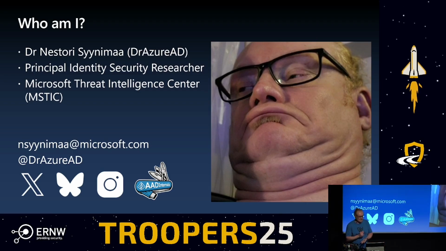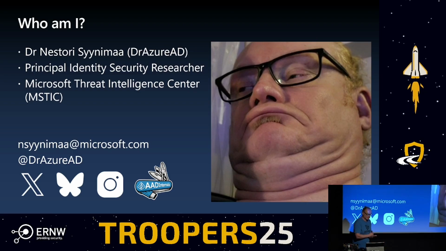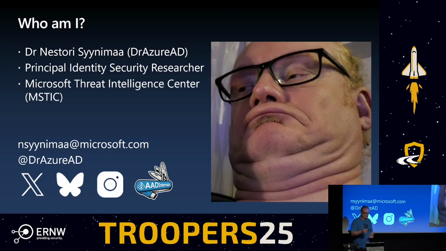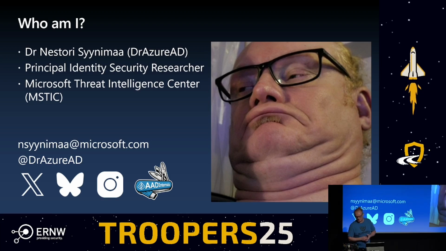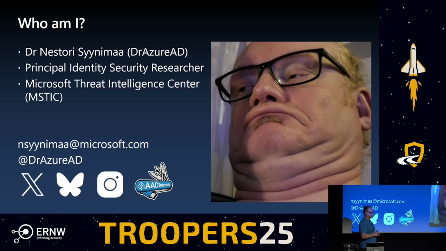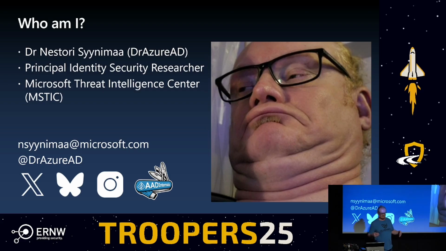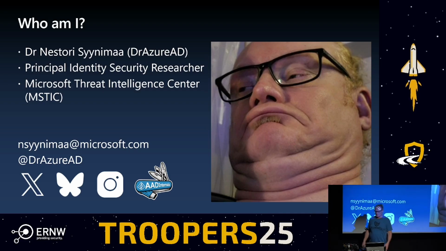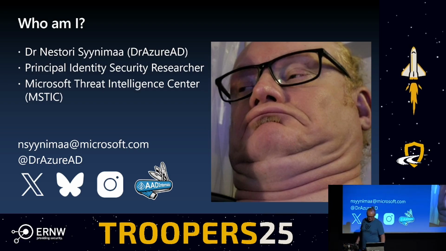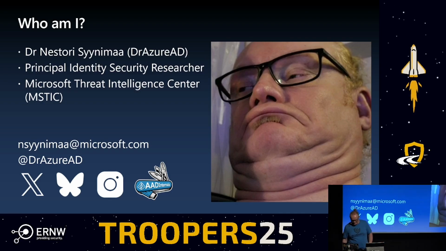First is to find vulnerabilities before the bad guys do. As Dirk-jan said, the idea is to fix bugs before they are published, and I like that idea. Now we can do that. The second is that I want to educate people, and that's why I'm here today. I'm going to tell you what can be done and how to protect against it.